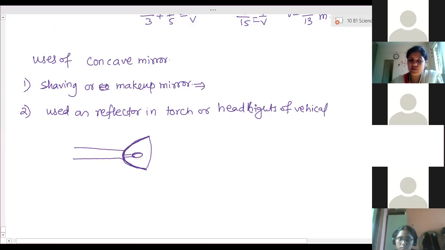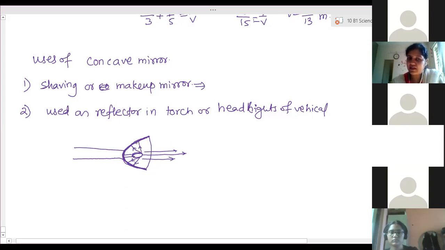This reflector of a torch bulb helps the light rays move parallelly outside the torch. The rays going forward go this way. Whichever rays move back, the condition is that the torch bulb is always present at the focus.